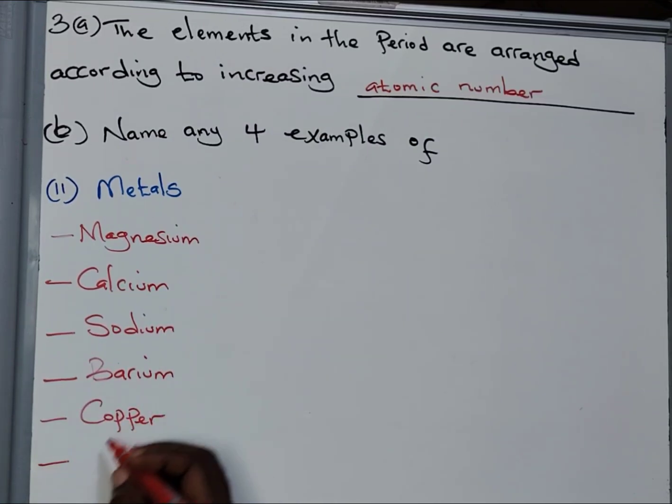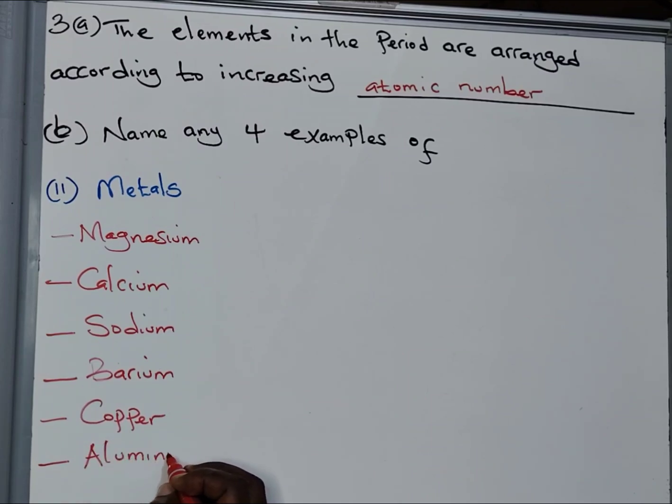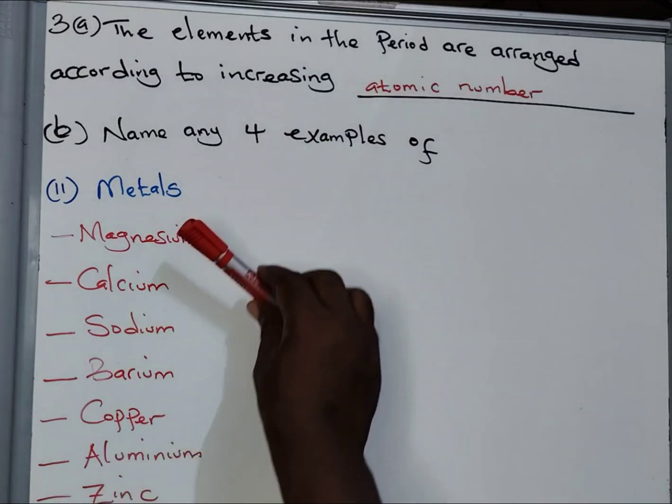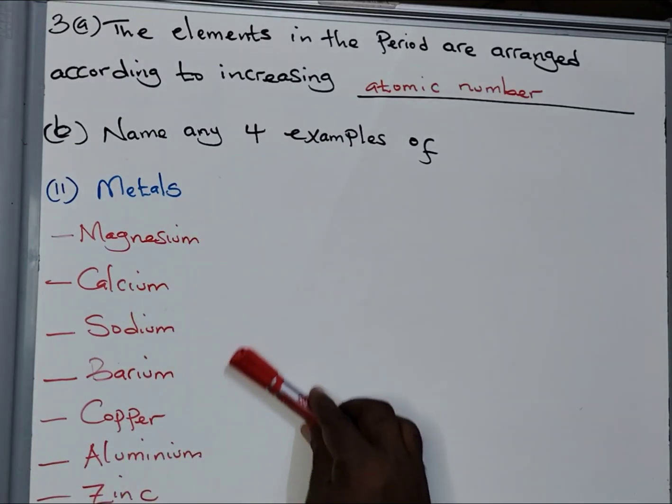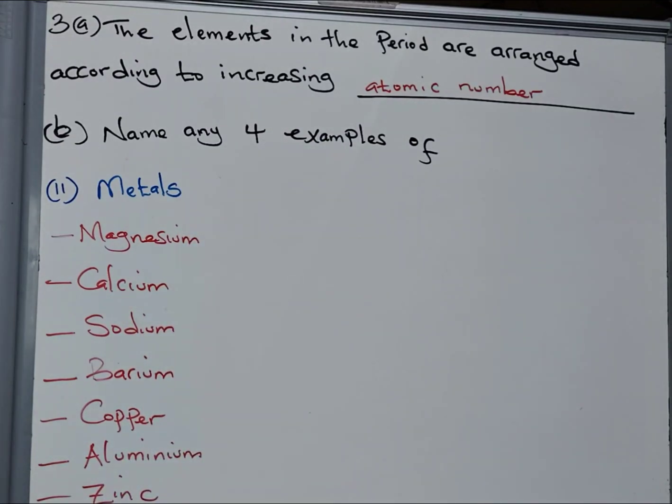We can also look at our friend aluminium, and zinc. All these ones, you can check for these ones. They are on the left hand side of the periodic table.